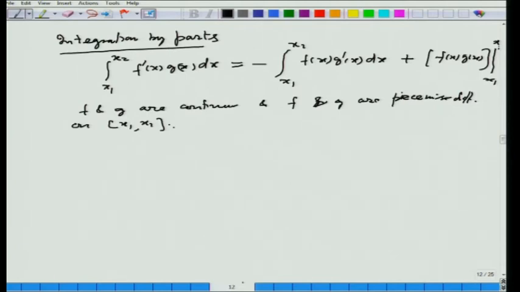Here this can be seen by the result that when you differentiate f into g, this is equal to f prime g plus f g prime.